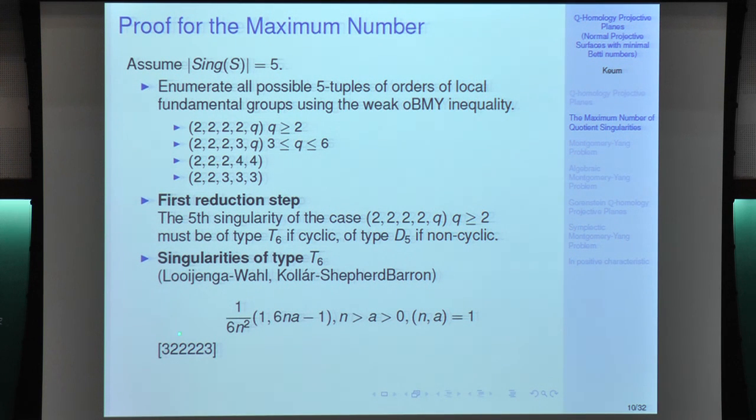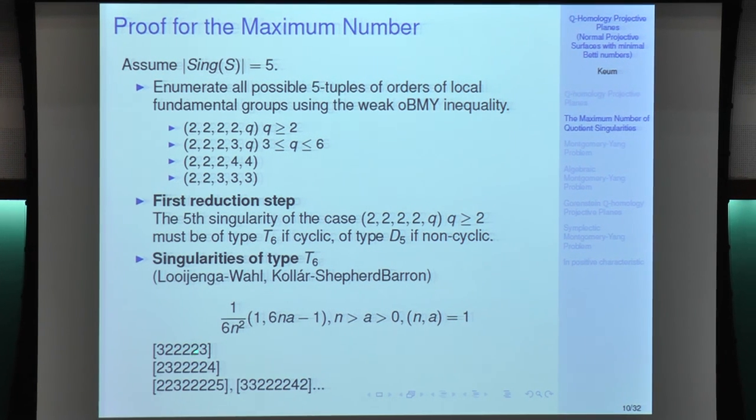The minimal resolution Hirzebruch-Jung string consists of 6 smooth rational curves: a -3 curve and -2, -2, -2, -2, and -3, forming a string. Then if you go up in n or take a different a, this number becomes like this.